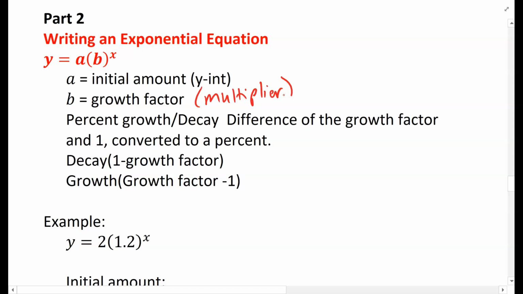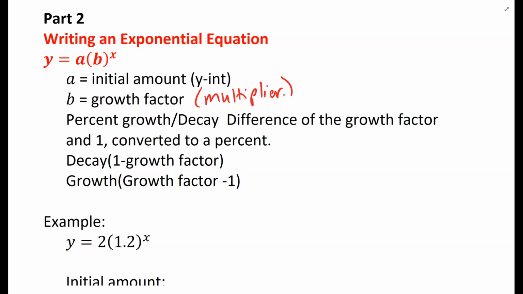I also want to discuss the difference in percent growth and the percent growth or decay in the growth factor. When we are discussing how much something is growing or how much something is decaying by looking at the growth factor, we need to do a subtraction problem. So if we have decay, we want to take 1 minus our growth factor, and that difference is going to be the percentage of decay.